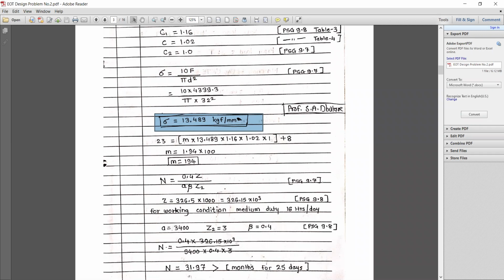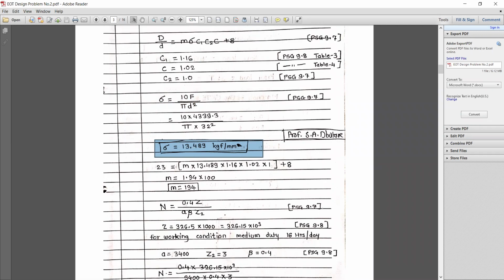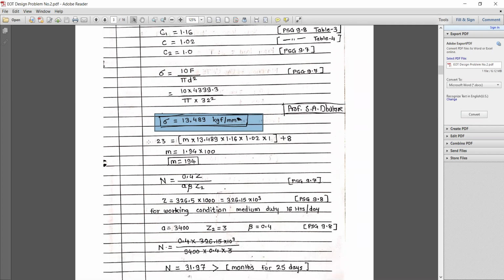Then putting the values of sigma, c1, c2, and D by d ratio, after putting all the values, what we get, m is equal to 1.94. So as we know, the value of m is in hundreds.